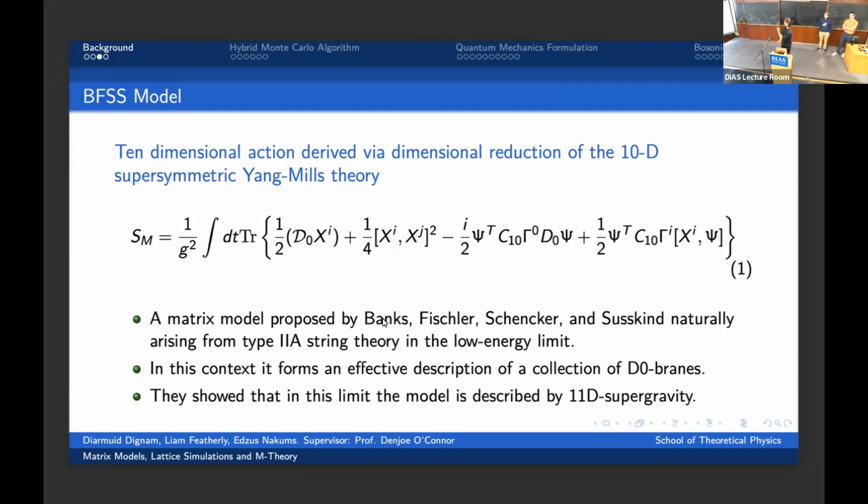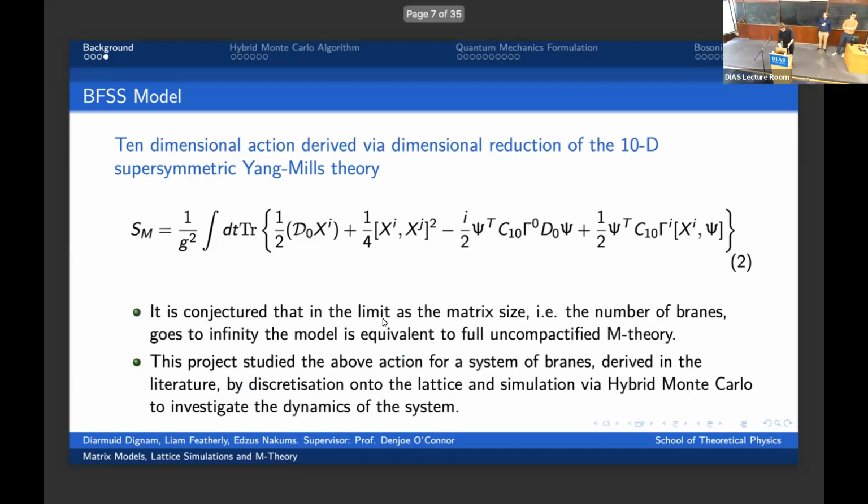And in that limit, the model itself is even described by 11-dimensional supergravity. So it is conjectured that in the limit, as the matrix size, or the number of branes, increases, the BFSS model becomes equivalent to M-theory.